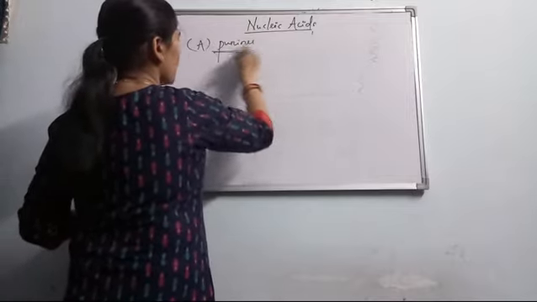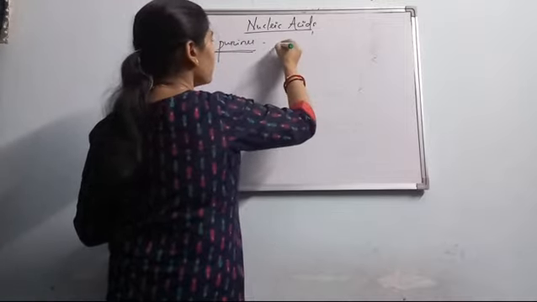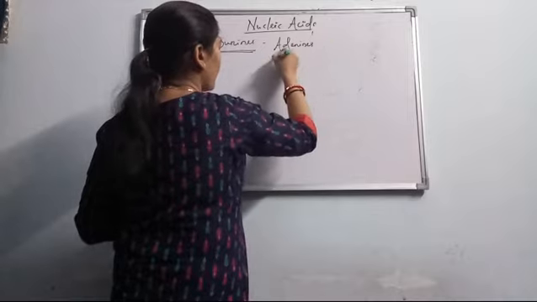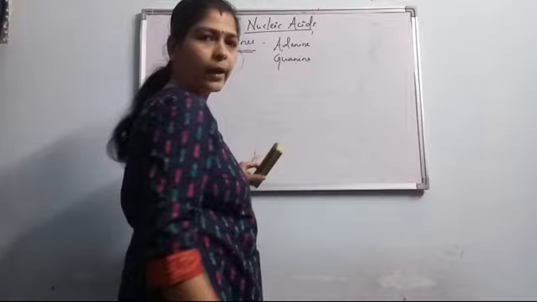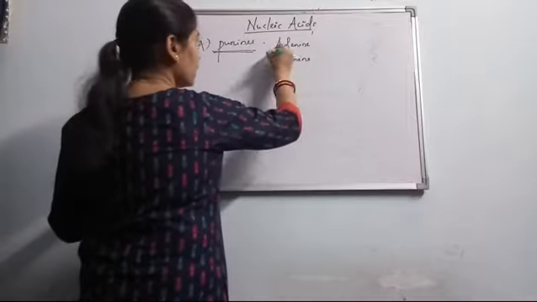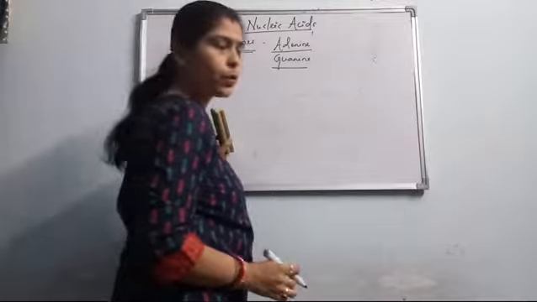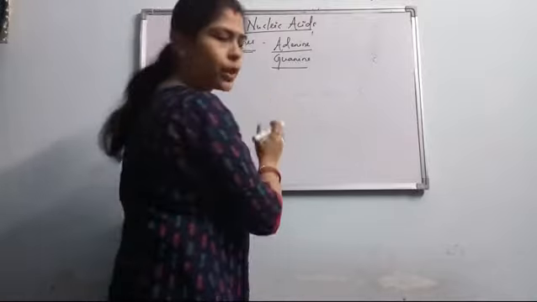These purines are double ring compounds as I have told, and based upon the chemical name, purines are of two types, adenine and guanine. First we will discuss the general structure of a purine.